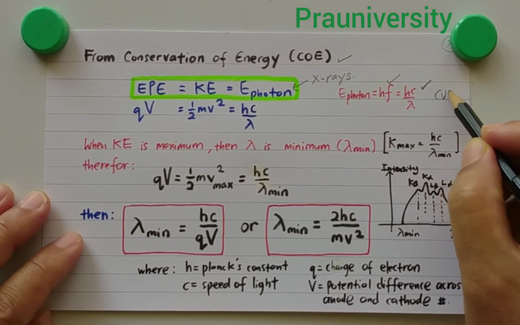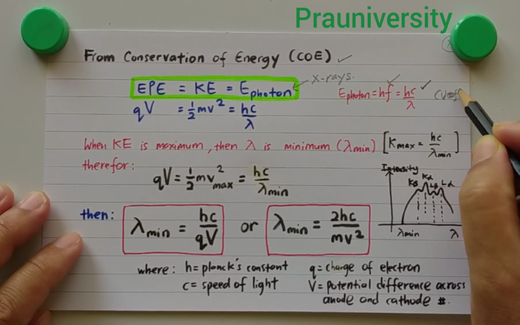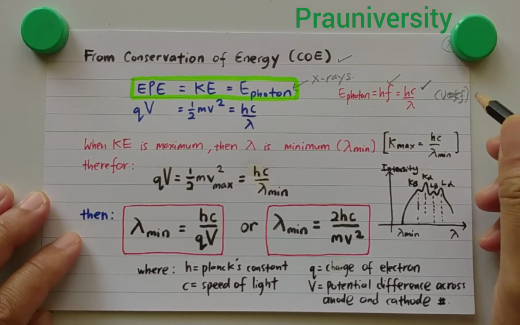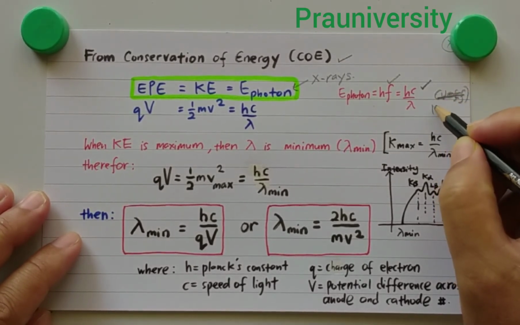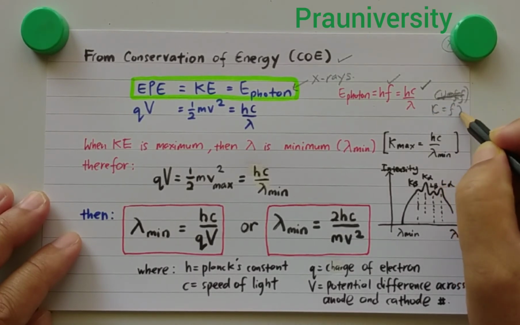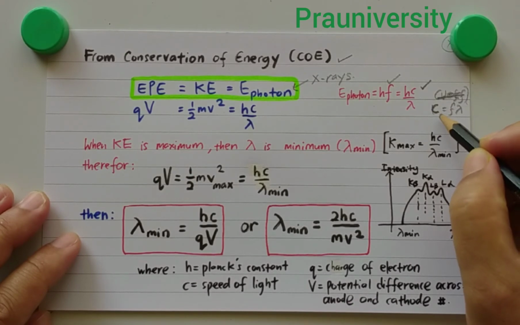From the relationship, v is equal to cf. No, sorry. v equals c is equal to f lambda. c is the speed of light.